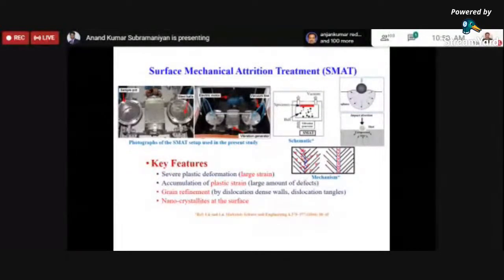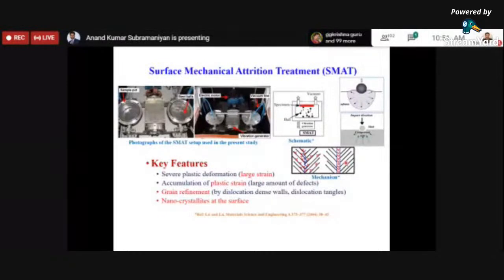Thereby, now a single grain has been divided into two small grains. So this is the mechanism of grain refinement, which happens by dense dislocation walls or dislocation angles, and thereby the nanocrystallites develop at the surface through this subdivision, right?